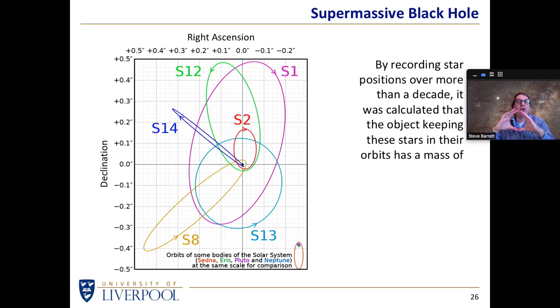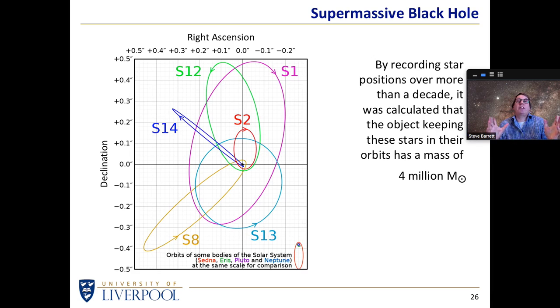It can't be a huge object, otherwise of course those stars would collide with each other. It must be a very compact object, that little black dot right at the centre of this particular chart. So it's been calculated that the object must have a mass of approximately 4 million solar masses. That symbol there, M circle dot, is just shorthand for the mass of our Sun.